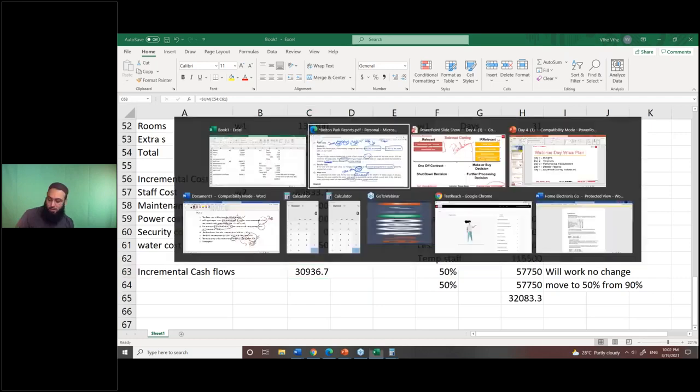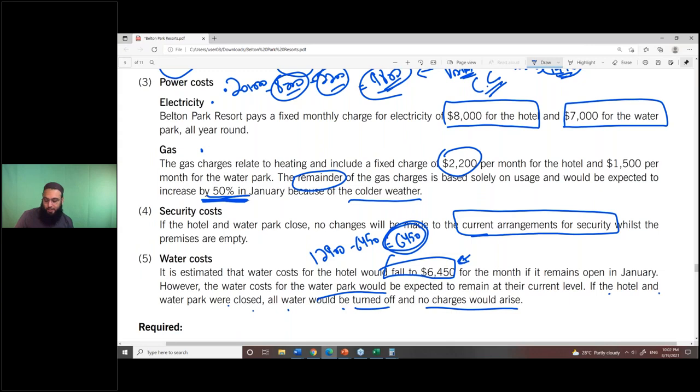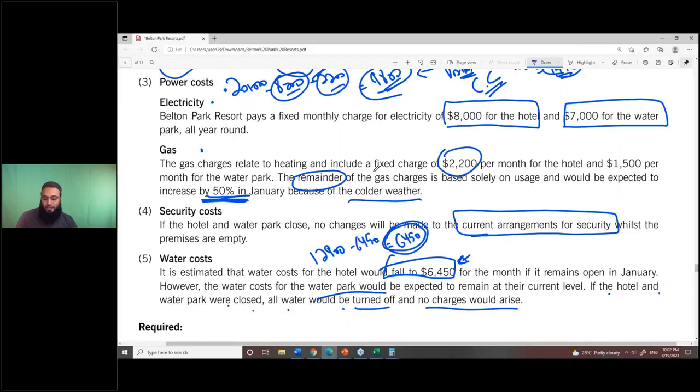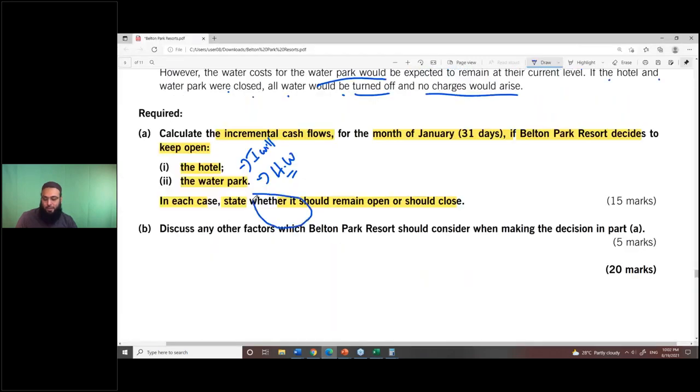Considering it's a positive number, you can keep this open for sure. If you don't close it, that's fine, because your cost is basically less compared to the revenue or income that you are getting in this case. So you have to state that we will continue, because in terms of financial numbers, the results are positive.